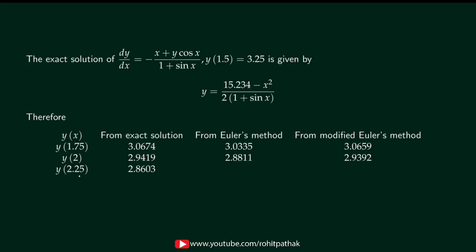Similarly, y at 2.25 from the exact solution is 2.8603. From Euler's method it is 2.7762, and from modified Euler's method it is 2.8563. So these values are close. Here we find a better value of y at x equal to 2.25 using modified Euler's method as compared to Euler's method.